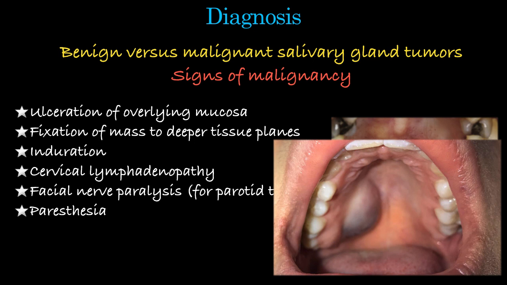It was bluish in color. First of all, we suspected some kind of vascular lesion, but when this lesion was biopsied, it was a mucoepidermoid carcinoma, which is a very aggressive malignant minor salivary gland tumor. So if you don't find these signs, this doesn't mean that everything is okay. You cannot assume that it is definitely a benign tumor. It may still be a malignant tumor.